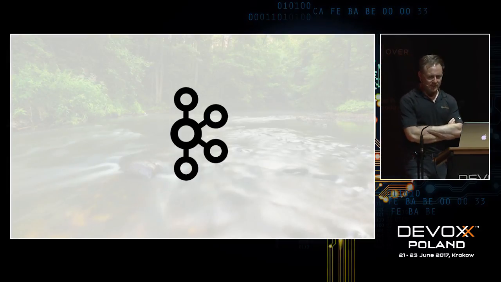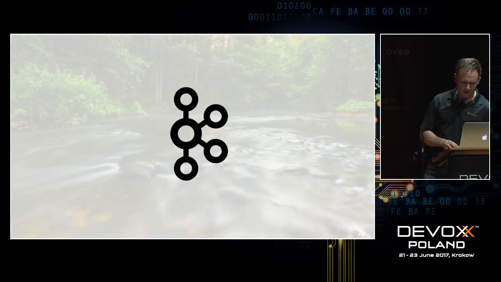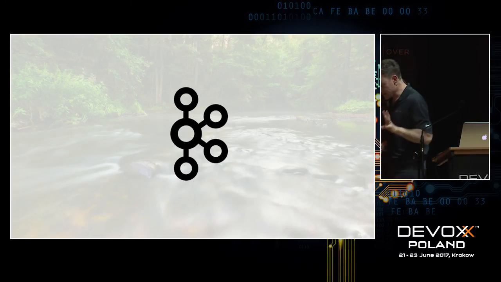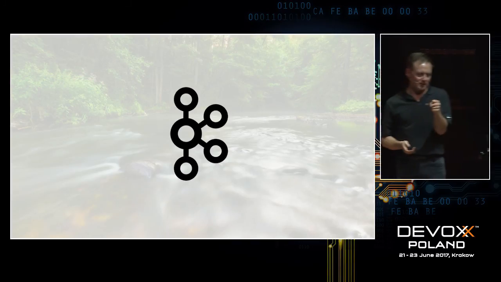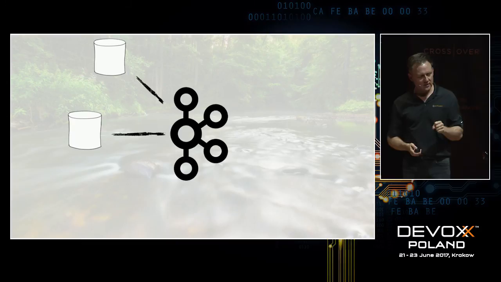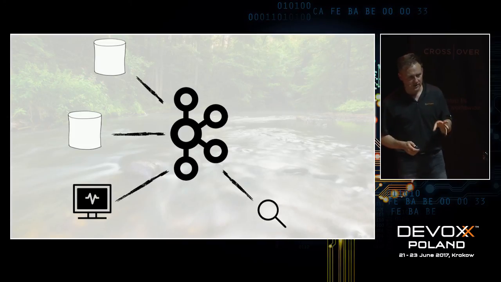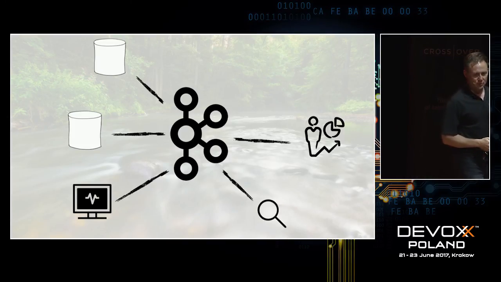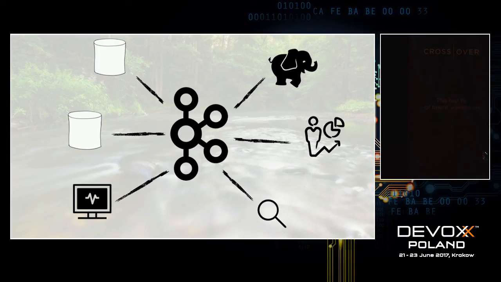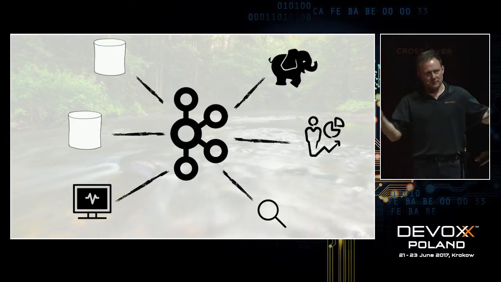What we end up with, rather than that rat's nest, is a message bus at the middle, and we'll have a service here and a service there, and we'll have monitoring, an Elasticsearch cluster, some analytics, and Hadoop. All of those things are fine, and this is basically describing a microservices implementation.